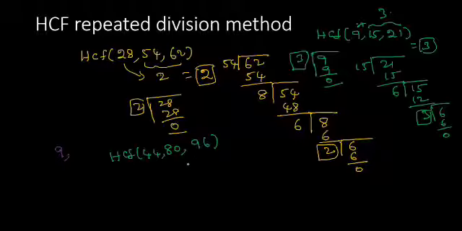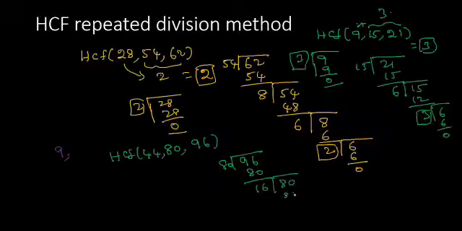First, we will take the two biggest numbers, 96 and 80. It goes one time, leaving 16. Now, 80 divided by 16 goes 5 times. So, as far as these two numbers are concerned, 16 is the HCF.